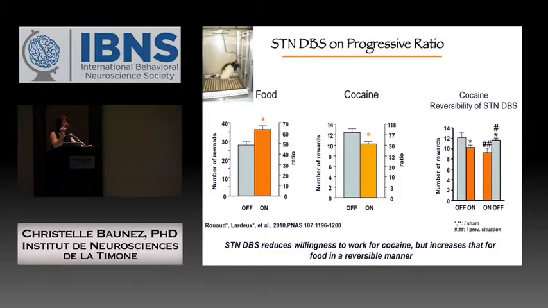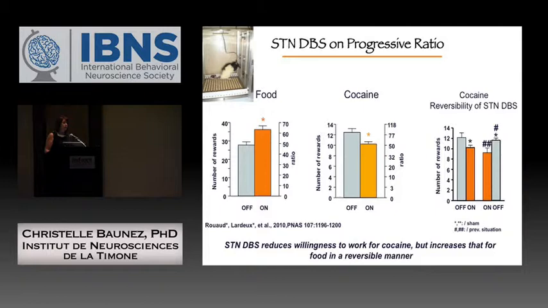Therefore, you adjust the intensity for each side of the brain for each individual rat: we go up until we induce this hyperkinetic movement of the paw, and then we go slightly below, just not to have any interference of this motor behavior in the task. So having said that, you see that for those animals subjected to the high frequency stimulation, we increase their willingness to work in the progressive ratio for food rewards.